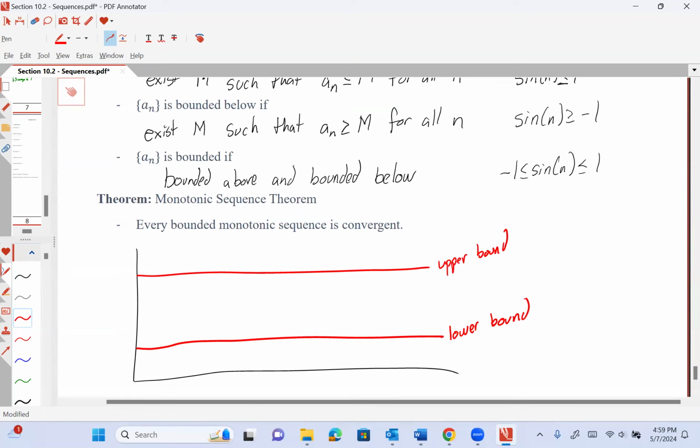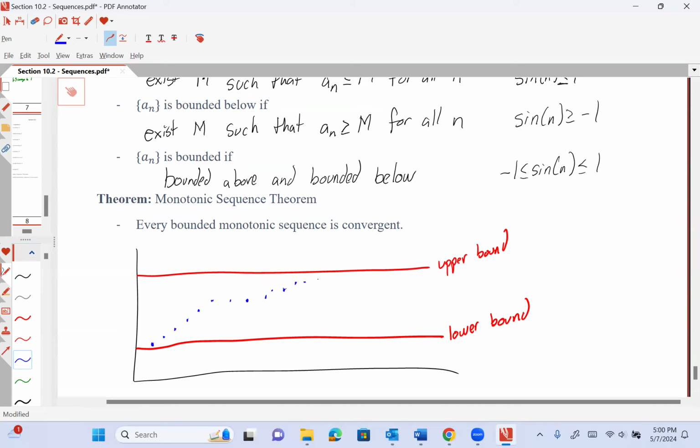Since it only moves in one direction, I'm going to pick one of those to sketch. I'm going to say, suppose it is monotonically increasing, so it never decreases. Then my sequence can only increase, can maybe stay the same, but ultimately can only stay the same or increase.